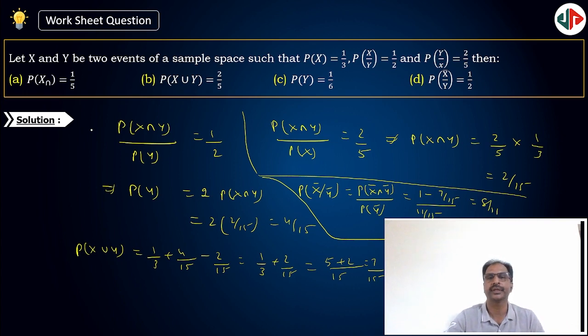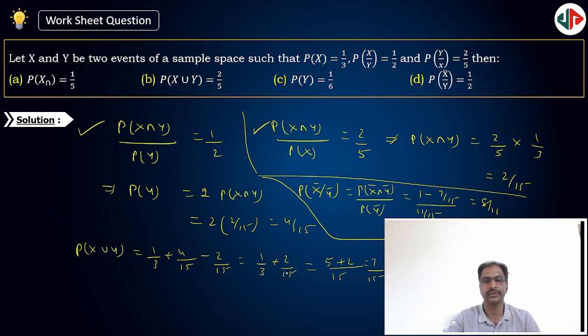P of X intersection Y by P of Y is 1 by 2. P of X intersection Y by P of X is 2 by 5. So from this P of X intersection Y is 2 by 5 into 1 by 3, which is 2 by 15. From this P of Y is equal to 2 times 2 by 15, 4 by 15. P of X union Y is P of X, 1 by 3, plus P of Y, 4 by 15, minus intersection 2 by 15.